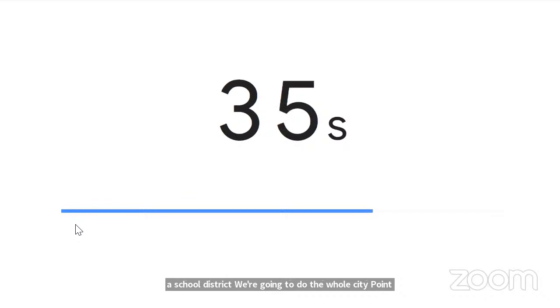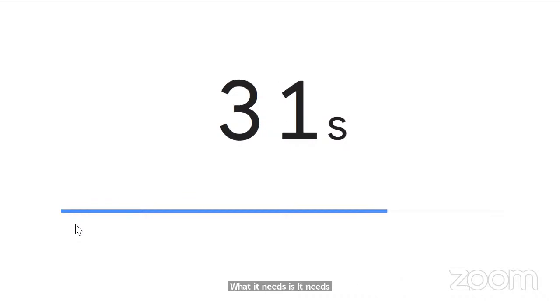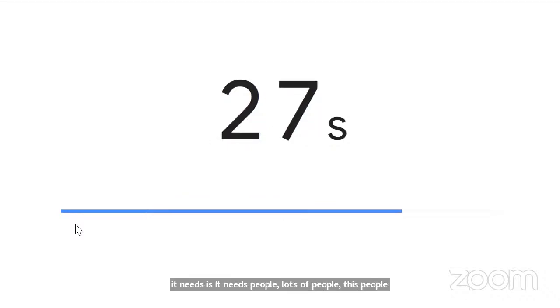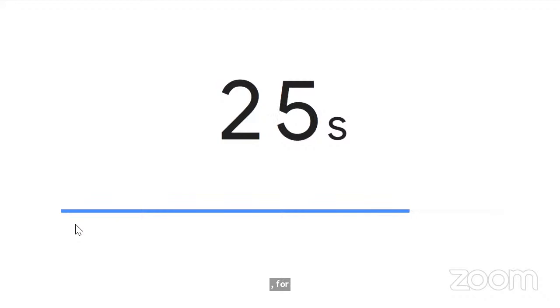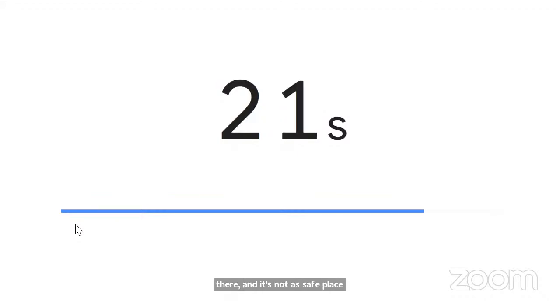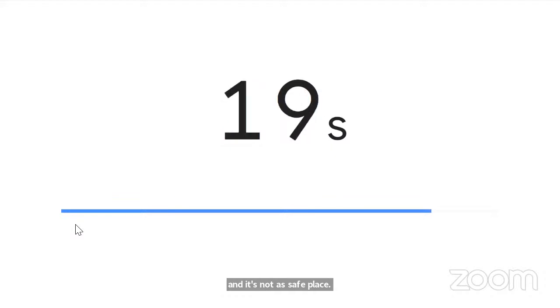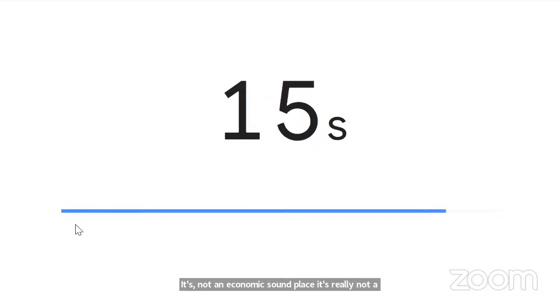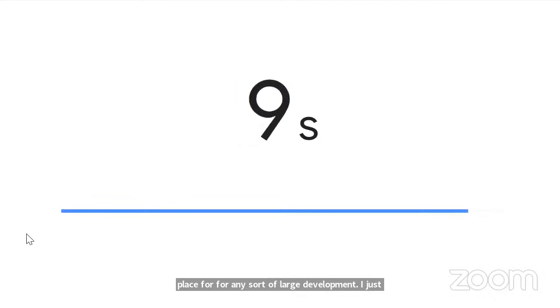What it needs is people, lots of people, enjoying that space, not just a few individuals who park out there. And it's not a safe place. It's not an economically sound place. It's really not a place for any sort of large development. I just am incredulous. All right. Thank you. Bye. Thank you.